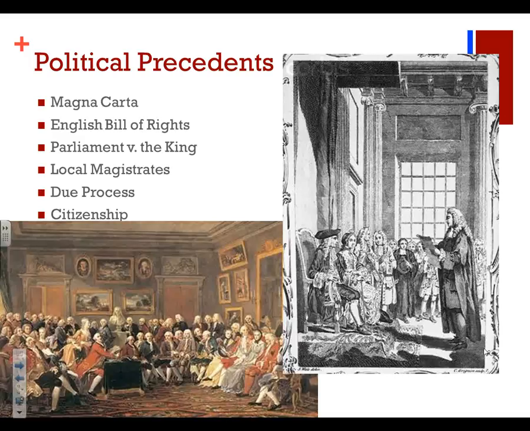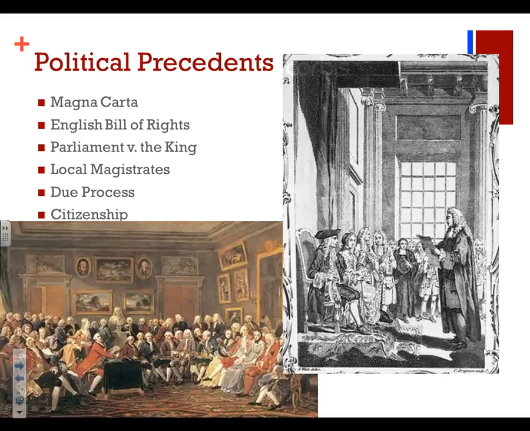I'll say it one more time: from this conflict between Parliament and the king, the Americans are going to pull from that and create our own political tradition of having separation of powers.